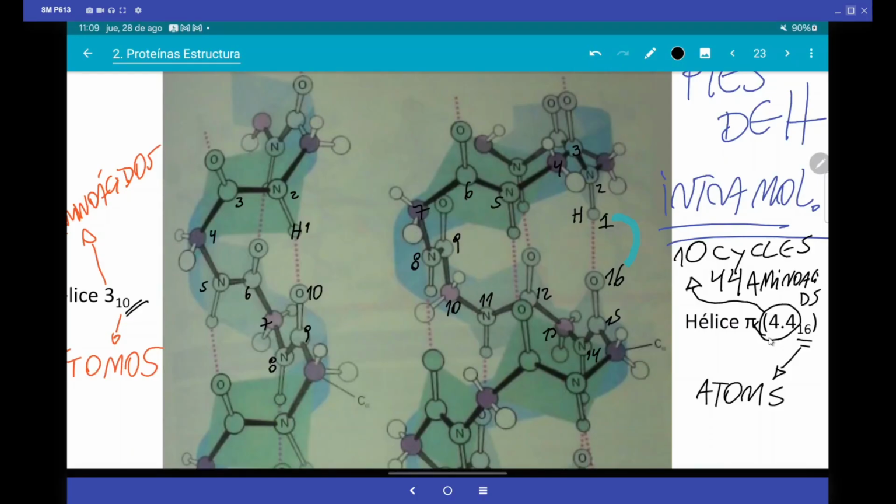Then 44 amino acids every 10 turns generates the helix pi, which is an artificial helix. There are natural proteins. Okay, not all helices exist at a biological level.